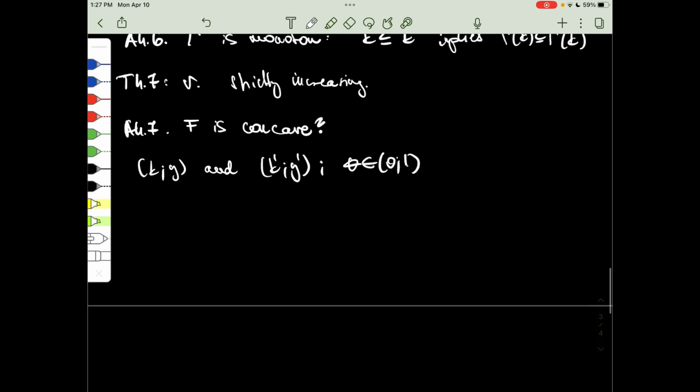So let's try to demonstrate that F is concave along this line. So let's have the convex combinations. This is the first convex combination, and this is the second convex combination.